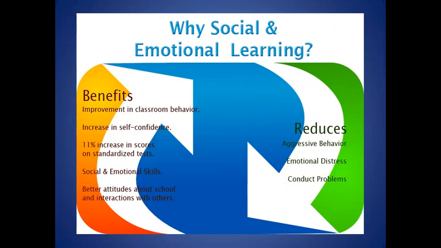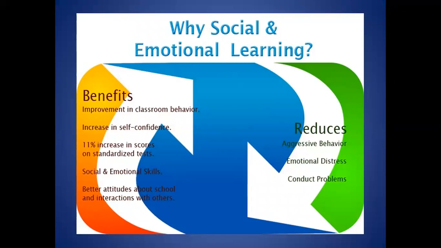And what they learned from these studies are that if we can teach social emotional learning, it improves the behavior in the classroom, which you might have figured out. It also increases the self-confidence of the students, which enhances self-efficacy. If students think they can do better, oftentimes they do. This was a huge study, and yet there was an 11% increase of those students on their standardized test scores. And they also demonstrated better attitudes about school.